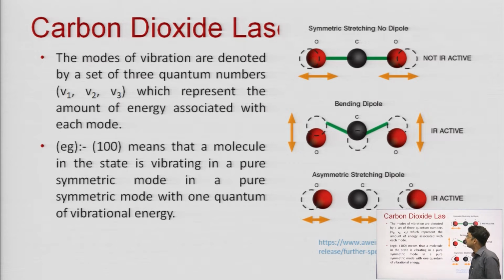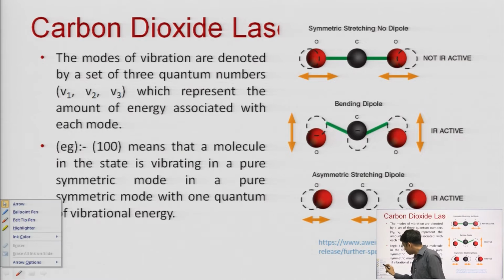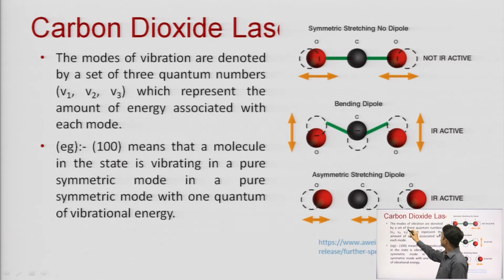These vibration modes are denoted by quantum numbers. The modes of vibration are denoted by a set of three quantum numbers, V1, V2, V3, which represent the amount of energy associated with each mode.